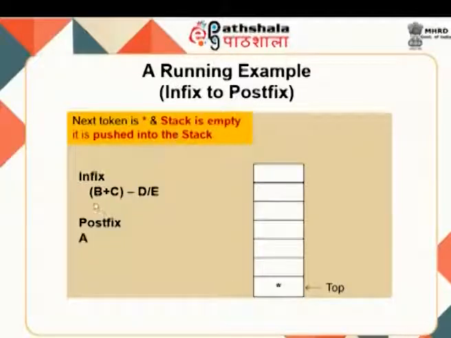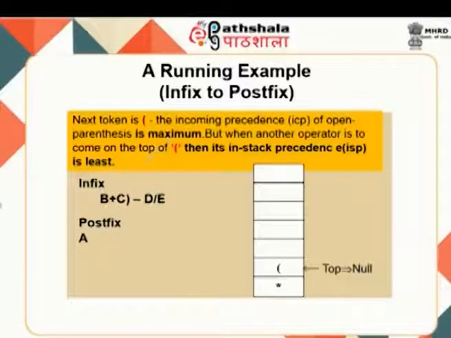Next, what you will see is the opening parenthesis. Remember, we have two precedences, ICP and ISP. The incoming precedence ICP of the open parenthesis is maximum, and when another operator is to come on top of it, the in-stack precedence is the least.